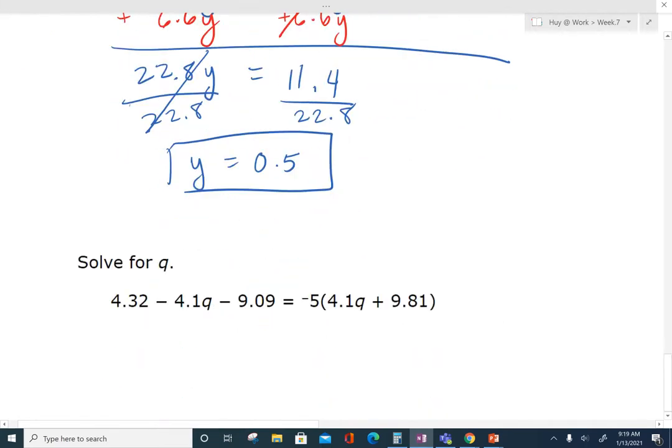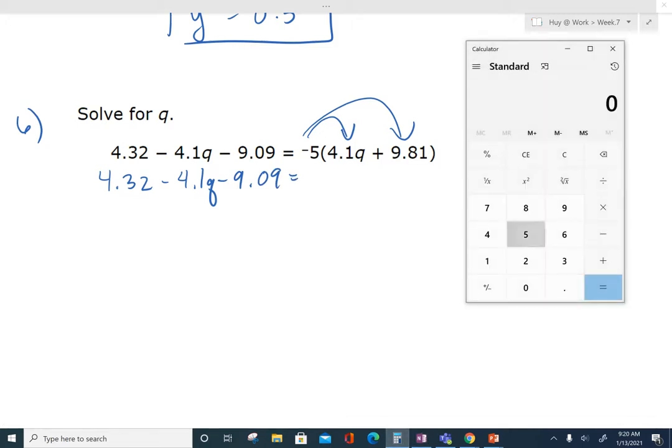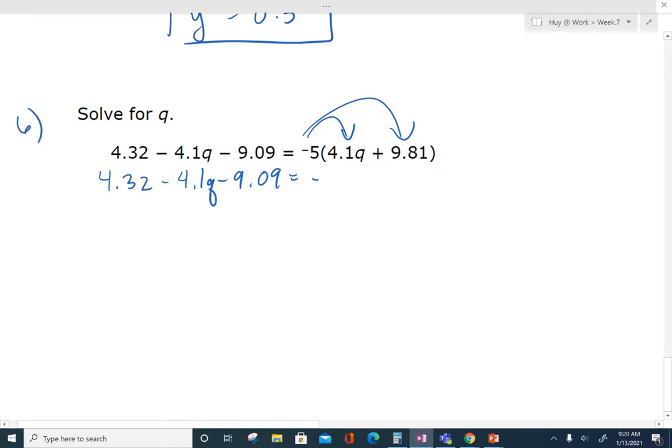So finally, let's move to the last example. I think this is number 6. I hope I haven't miscounted this whole time. What I want to do is let's start with this distributive property. I'm going to write 4.32 minus 4.1q minus 9.09 equals negative 5 times 4.1, negative 20.5q.